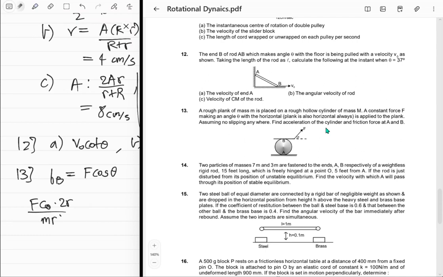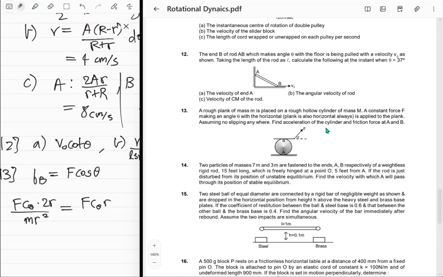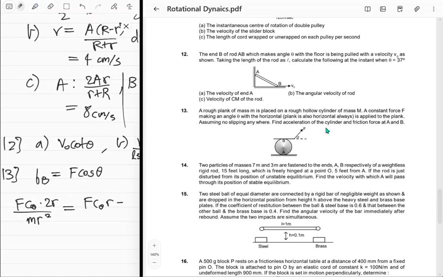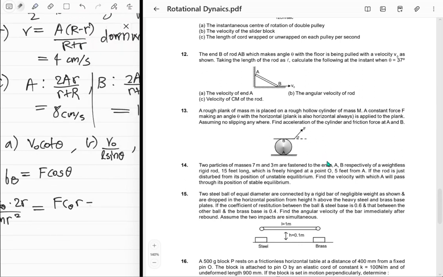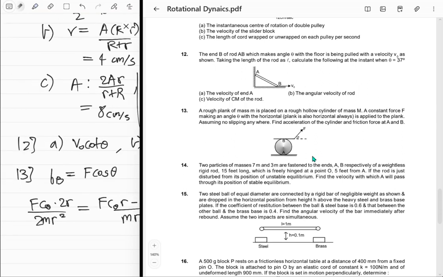That should be equal to... for the center of mass, that would just be FB, which is this guy, times R, minus... oh, sorry, it should be 2 mr squared, because mr squared about the center of mass and then mr squared because of the parallel axis. So F cosine theta r minus the FA thing, let's just say it's positive in the right direction, so it will be negative over here. It's going to be FA, called F for now, FR, and that upon just MR squared, yes. That's how it's going to be.